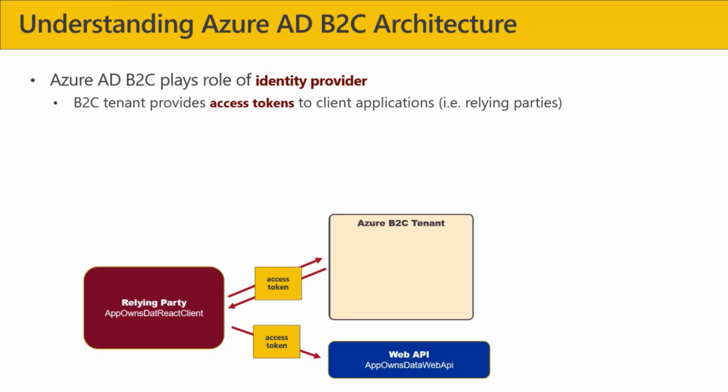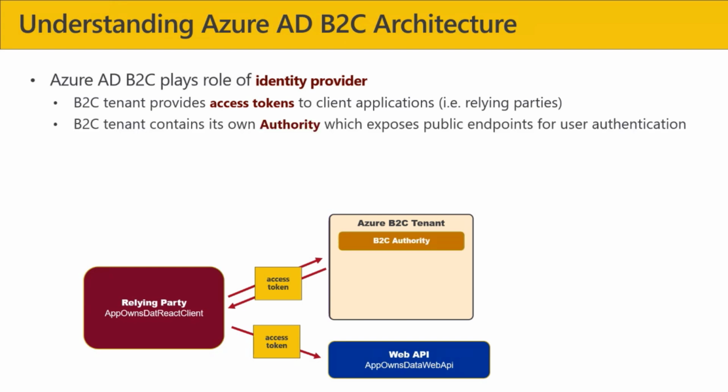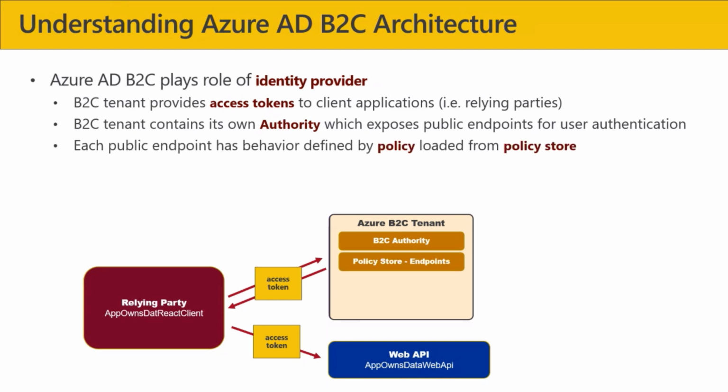Now, let's look at more detail of how Azure B2C tenants work. So in that Azure B2C tenant, there is an authority. That's the thing that has endpoints. It's a service that you can redirect a user to in the browser, that starts what we think of as an authentication flow. Now, in addition to this authority, there also has to be a policy store.